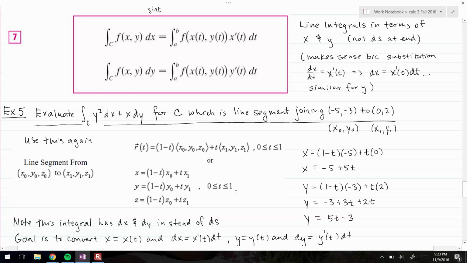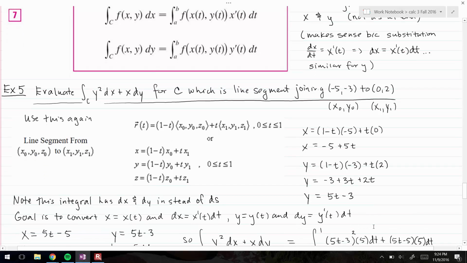And then those will be our limits of integration. So we use that form and we plug in the things we need. With this x form, again, this is only in 2D, so we don't use the z. We plug in our x naught and our x1, do a bit of simplification, we get -5 plus 5t for x. Similarly for y. And then we have our parametric equations.